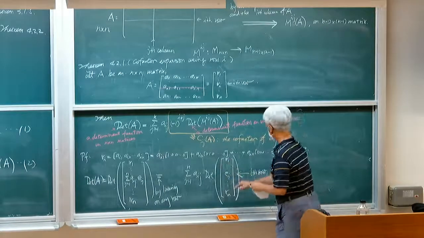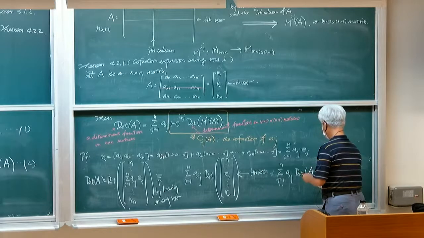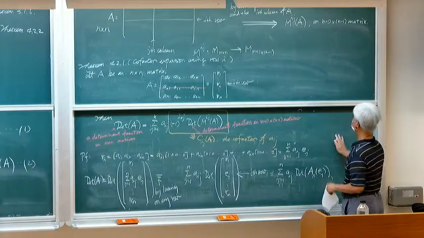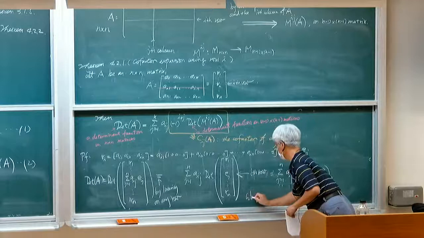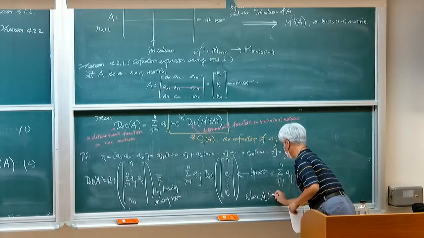This matrix will be called A_i(Ej). Okay, so what is A_i(Ej)?